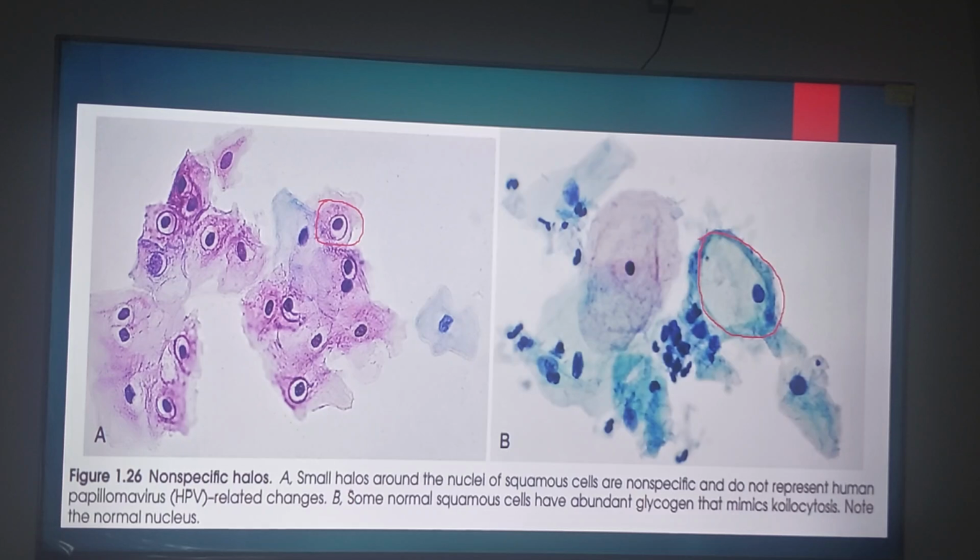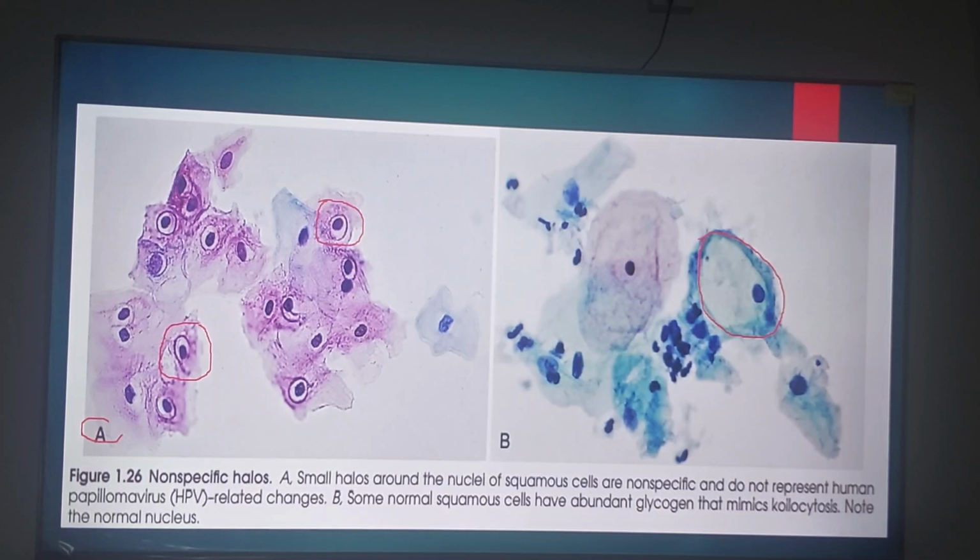In the A category, the non-specific halos are small around the nucleus of squamous cells and do not represent human papillomavirus. This is not caused by human papillomavirus.